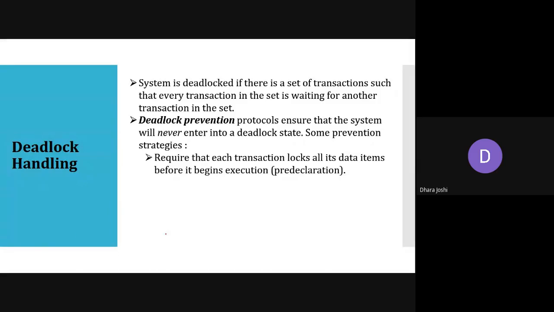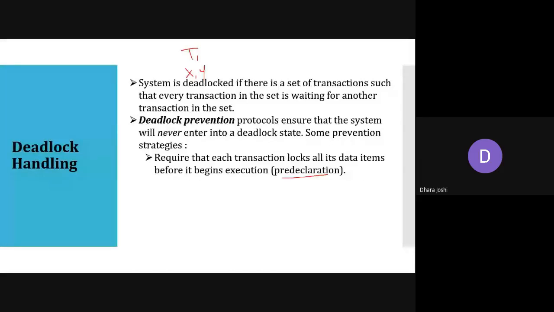Suppose transaction T1 wants to write on both data items X and Y. At the start of the transaction itself, it acquires a lock on both data items instead of only one of them. This is pre-declaration: transaction T1 pre-declares that in the entire execution of my transaction, I require these two data items. The rest of the transactions will be waiting, and there will be no scenario where one transaction holds one data item and waits for another.